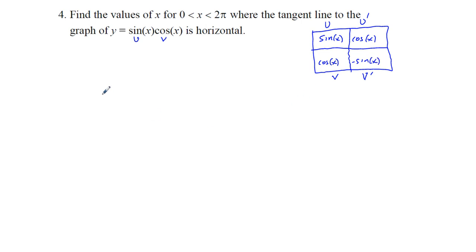So what we have here is y prime is equal to cosine x times cosine x, and then we have minus sine x sine x.